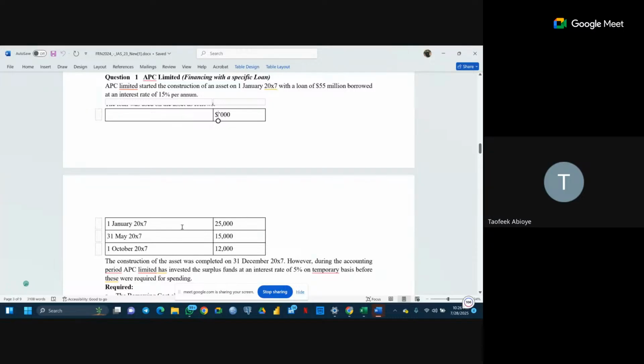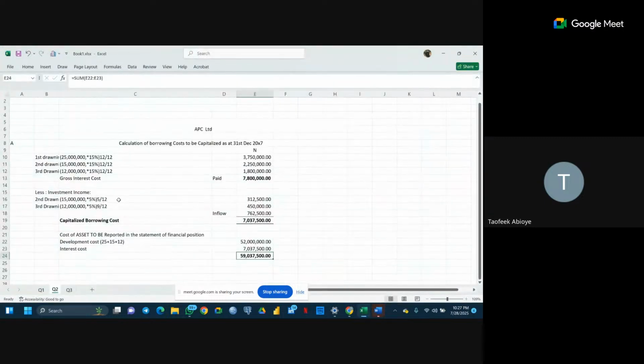Out of that 30 million, on 31st of May, we withdraw another 15 million. Now, this is how we come across this 5 months here. From January that the fund is made available to us till 31st May that we make our second withdrawal, that is 5 months. It means that for that period of 5 months, we have earned an investment income on that 15 million that we withdraw as at 31st of May. We have earned an investment income of 312,500.